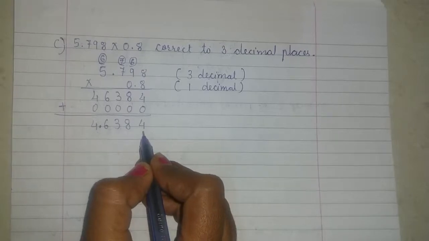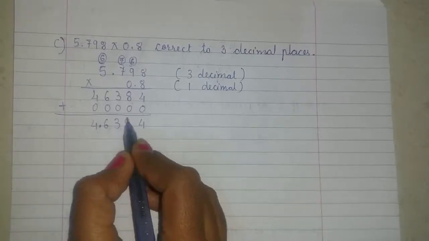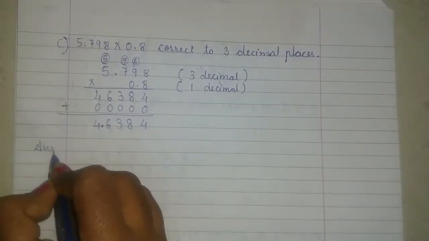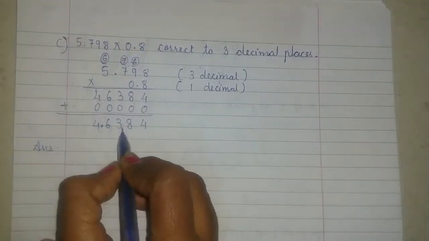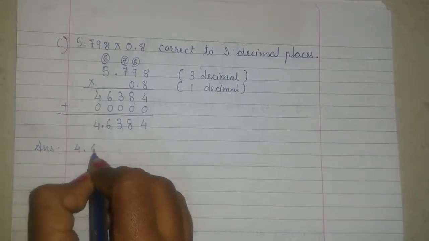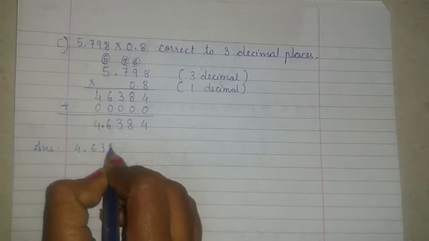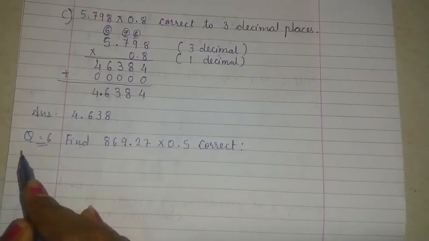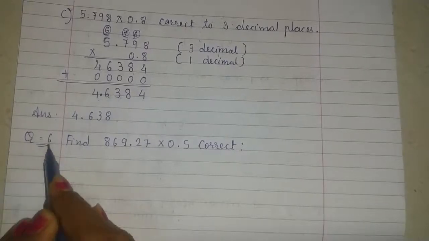Yes, 4 is less than 5. So we'll not add here 1. Okay. So what will be our answer? Yes, 4.638. So let's write over here 4.638.